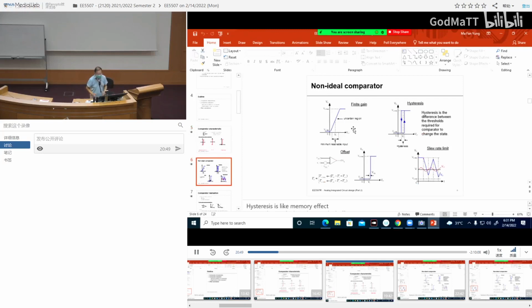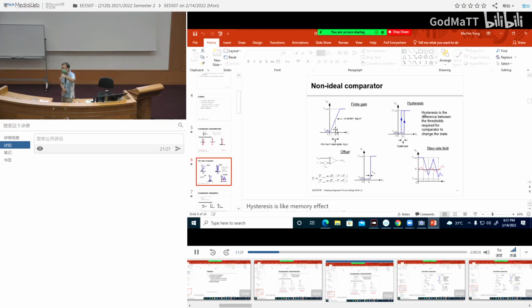But you know that for a real circuit, you cannot get infinite gain. So it means that there is a finite gain. So this is the gain, the slope. Gain is defined to be the ratio of output to input. There's a finite gain, that means you will have a finite slope. Which means that if this is the reference level and your input is only slightly higher or slightly lower, because of this finite gain, your comparator cannot give you a 100% decision, because it will not be either at VDD or ground.